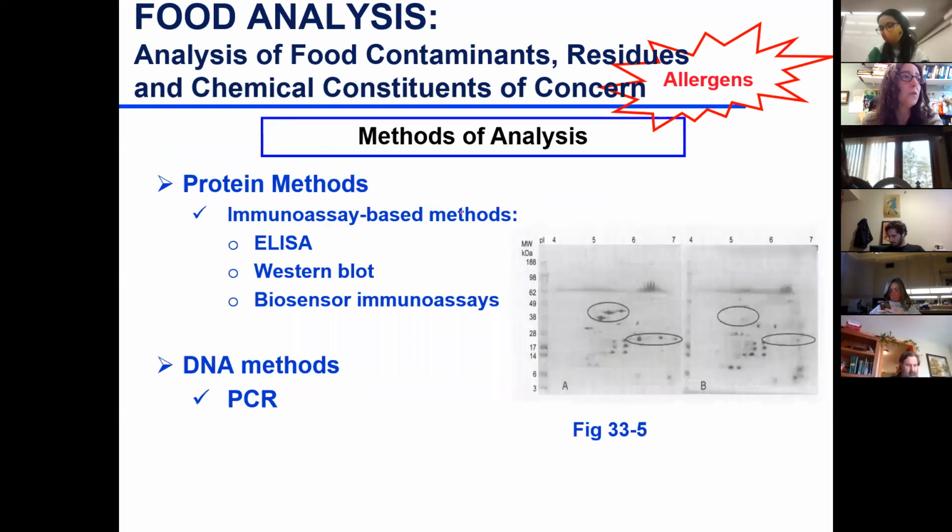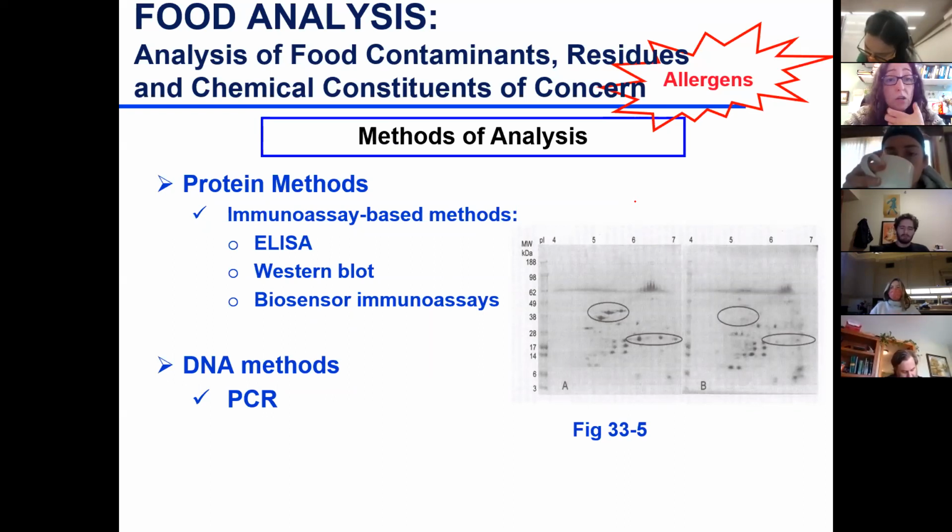So how do we test for those? We have the protein methods and we have the DNA methods. Each has its advantages and disadvantages. Sometimes you have a food product that contains a protein ingredient, like soy protein, or dairy protein, whey protein isolate, but at a very low concentration, and you want to be safe and test for that.